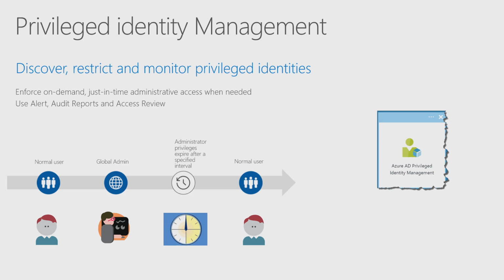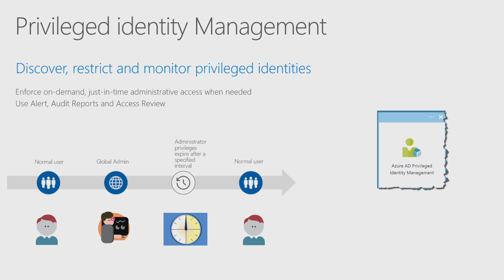Using Azure AD Privileged Identity Management, you are able to perform the following. Discover the privileged Azure Active Directory roles within your organization and which users are in those roles.